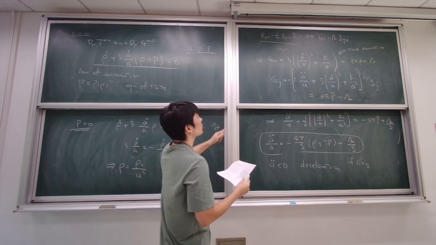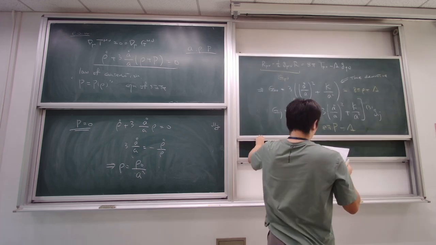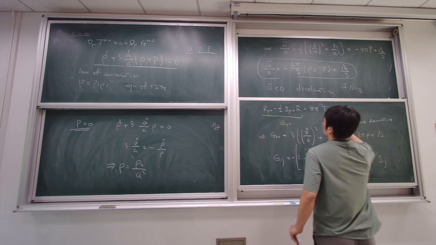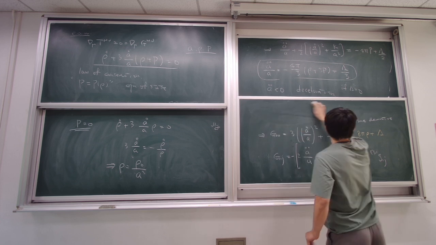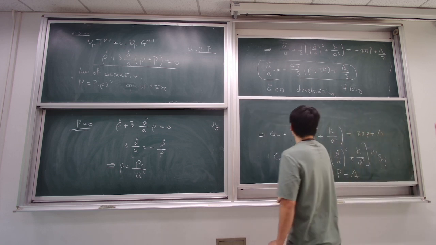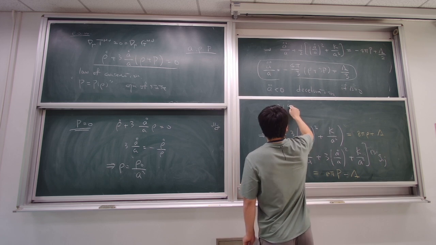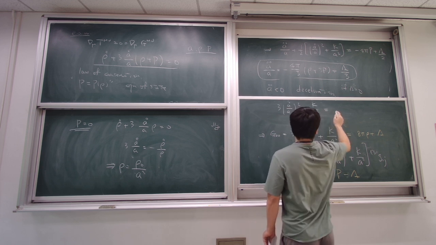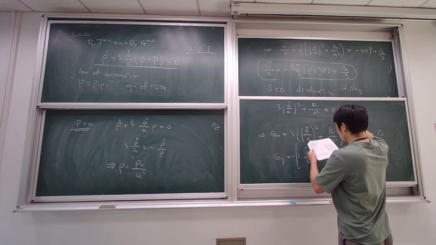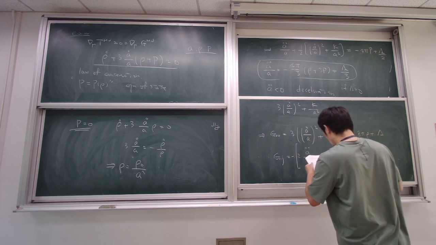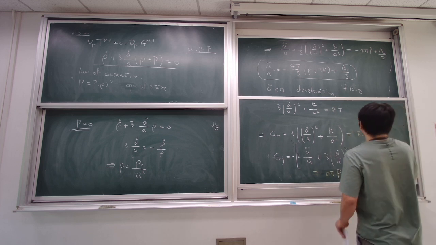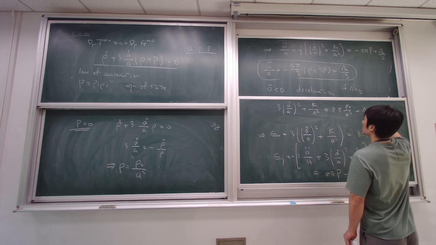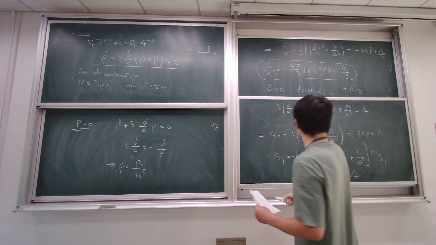If you plug this in, A dot over A squared plus K over A squared is equal to 8 pi times rho, which is rho 0 over A cubed, plus lambda. That's what you get from here.